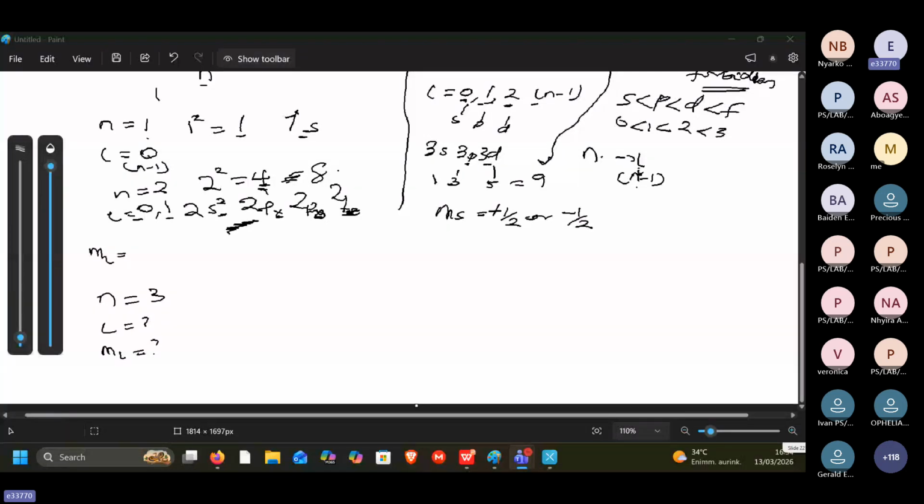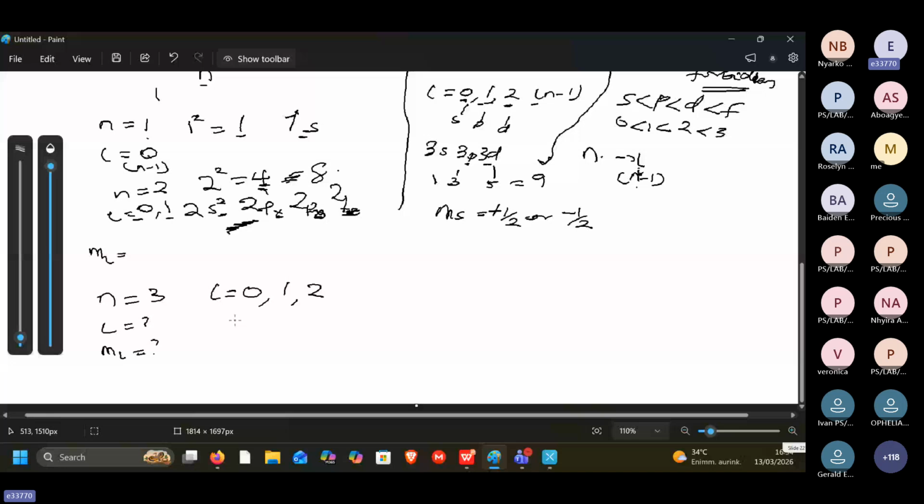Okay. So for n equal to 3, the allowed values of L should be 0, 1, and then 2. That's the allowed values. Now, if I take L equal to 0, the ML is just going to be 0. That's just one orientation.